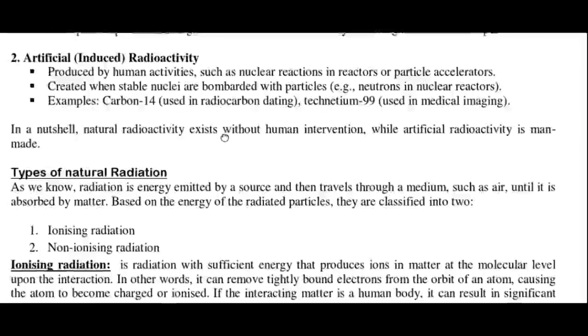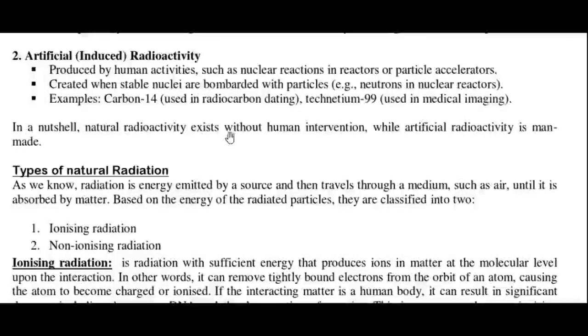While in the case of artificial radioactivity, they are produced by human activities such as nuclear reactions in reactors or particle accelerators. How are they created? They are created when stable nuclei are bombarded with particles. It could be neutrons. Examples, we have carbon-14.